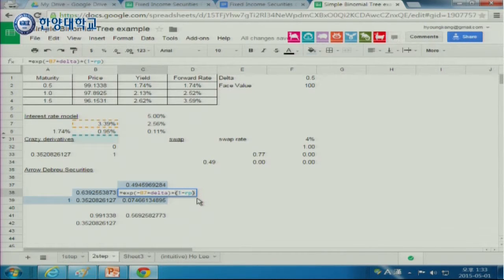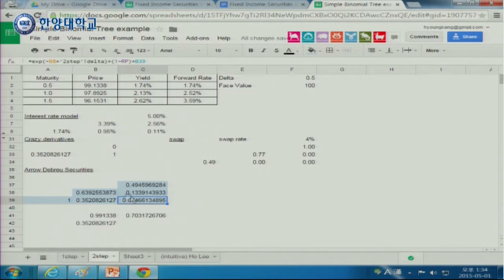So this is the price of LOW security over here at this point from the perspective of this one. But the price of this particular state is this one, so now I have to multiply this one, okay?